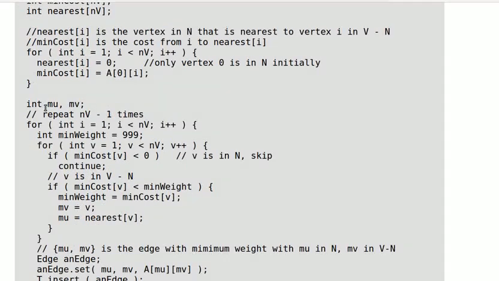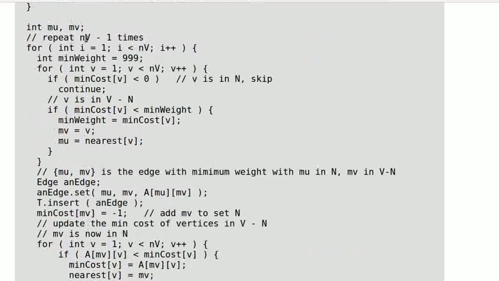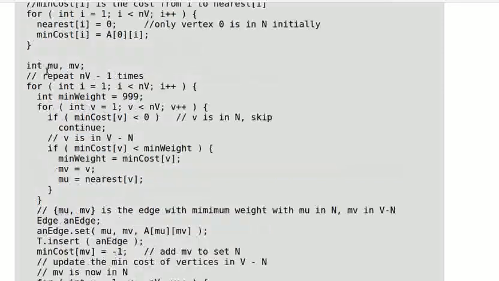We declare these variables mu, mv, minimum u, minimum v. So we repeat this NV minus 1 times, to consider all the remaining vertices, 1 to NV minus 1.